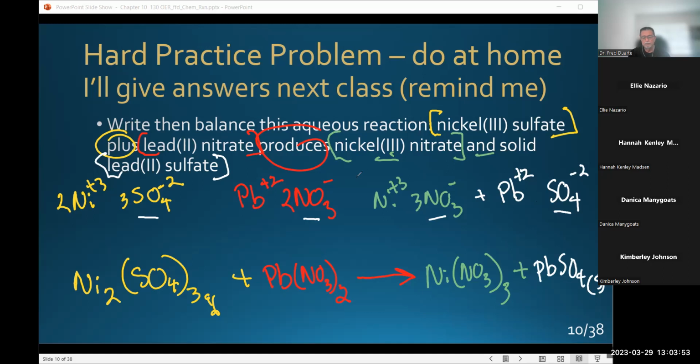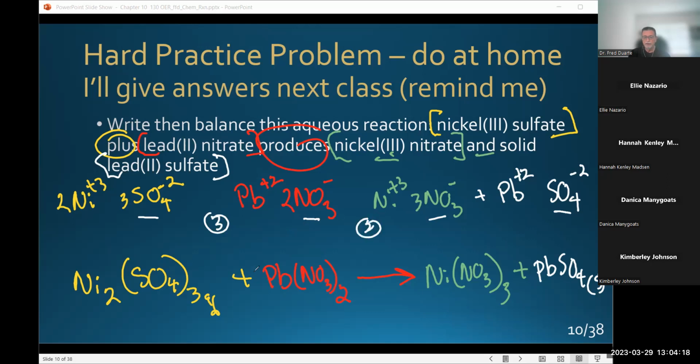So I'm going to follow the nitrates. So I got a 2 to 3 disparity. Like we've been doing before, we find a common number, which in this case is 6. So that means that I'm going to need 3 lead nitrates and 2 nickel nitrates.